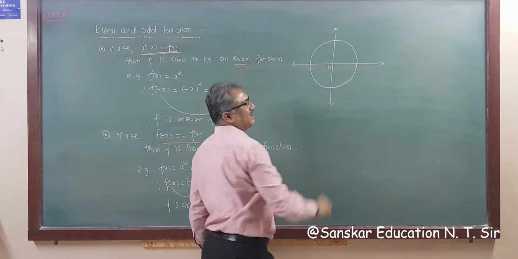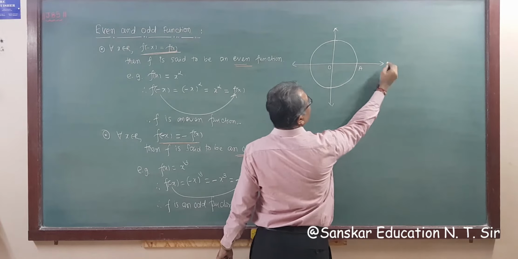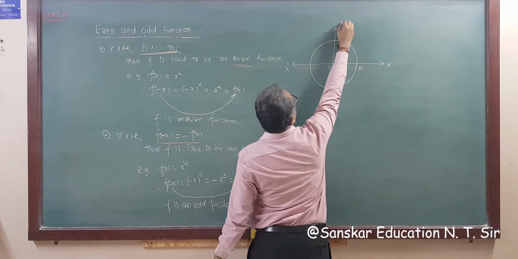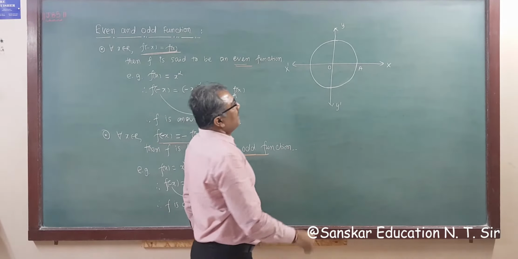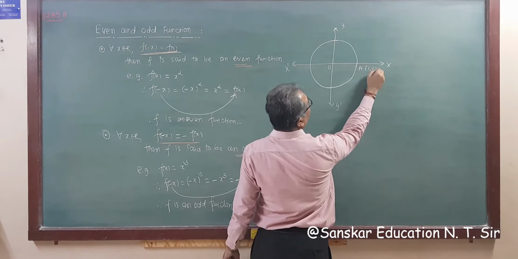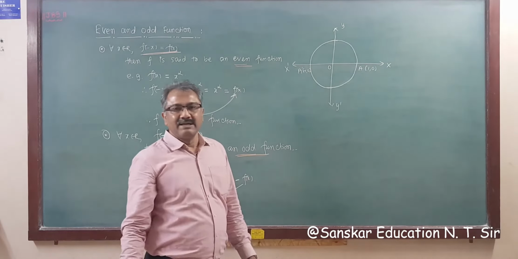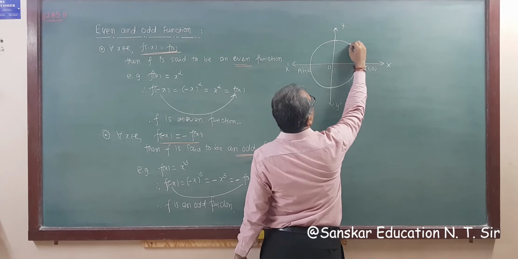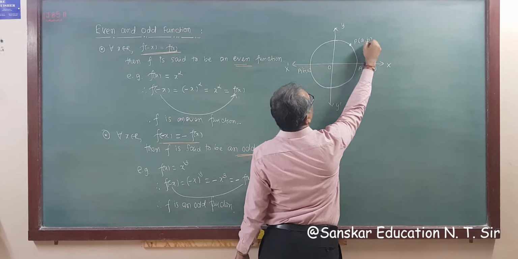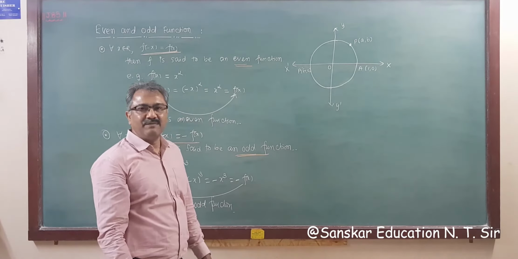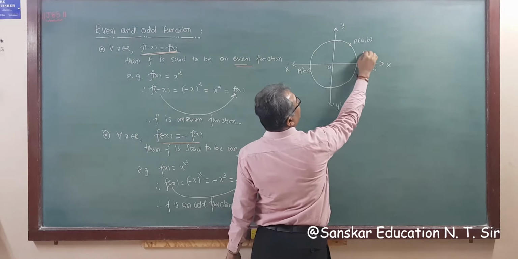So this is the center, origin O, right? Before that, this is the x-axis, this is the x-dash axis, this is y, and this is y-dash. Suppose this is point A (1, 0), and this is point A dash (minus 1, 0), right? Suppose I'm assuming one trigonometric point here, P, in the first quadrant, and the length of arc AP is x.